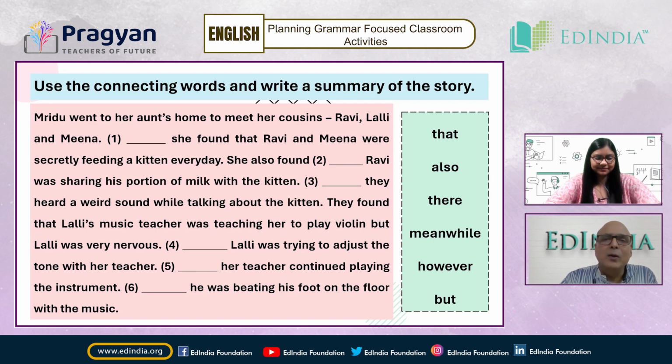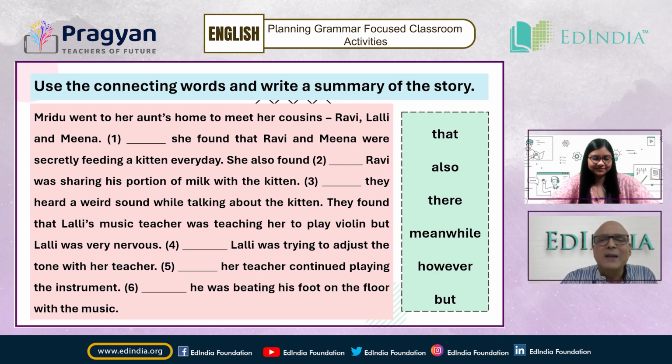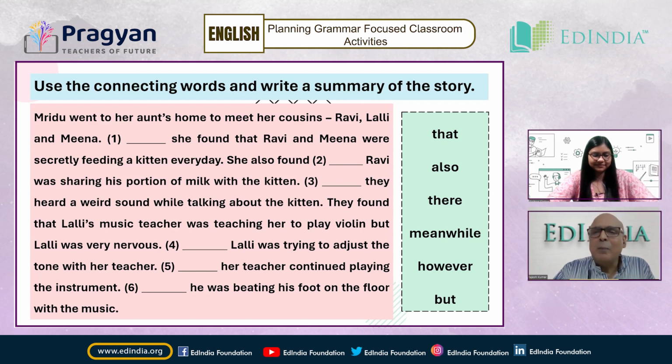Very good. Thank you, ma'am. Now I will go to Vishnu Dev sir. Vishnu Dev sir, please unmute yourself. So what will you write in number 2, sir? She also found that. Great, very good. Thank you, Vishnu Dev sir.